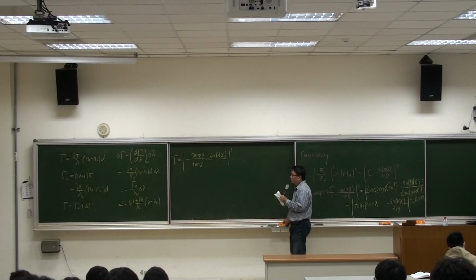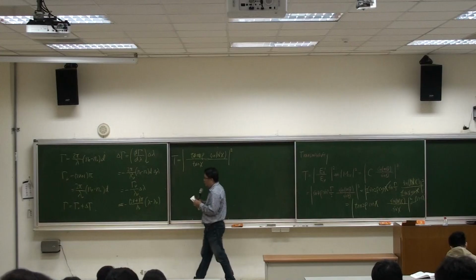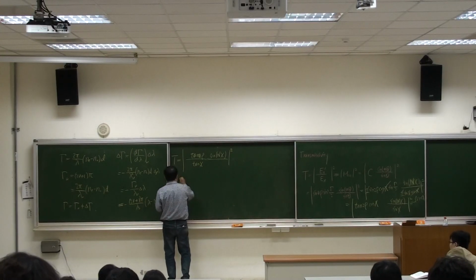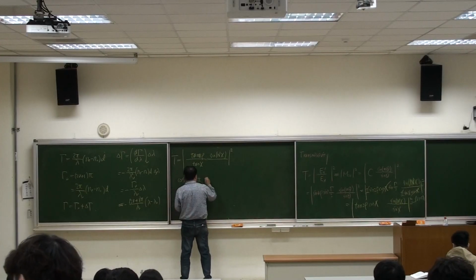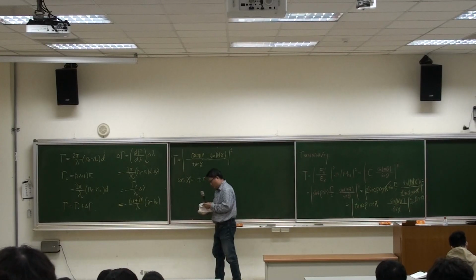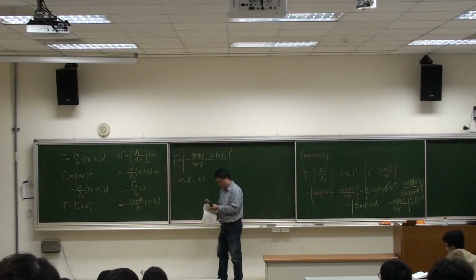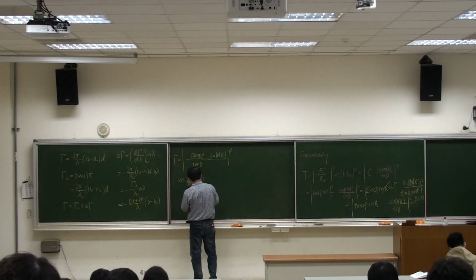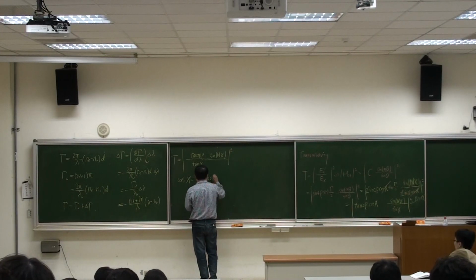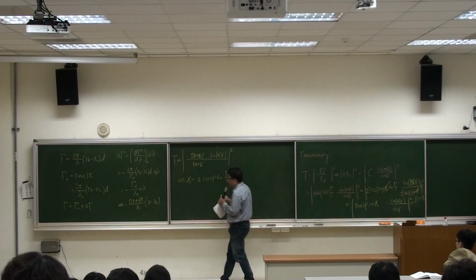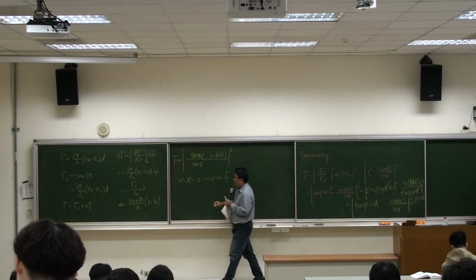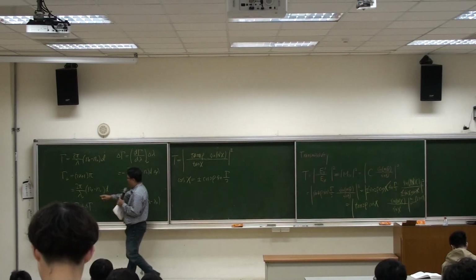To know the result, we need to analyze this relation. Cosine chi is equal to positive or negative, you see this transformation, cosine 2 rho times sine half gamma. Okay. Now gamma is equal to this.